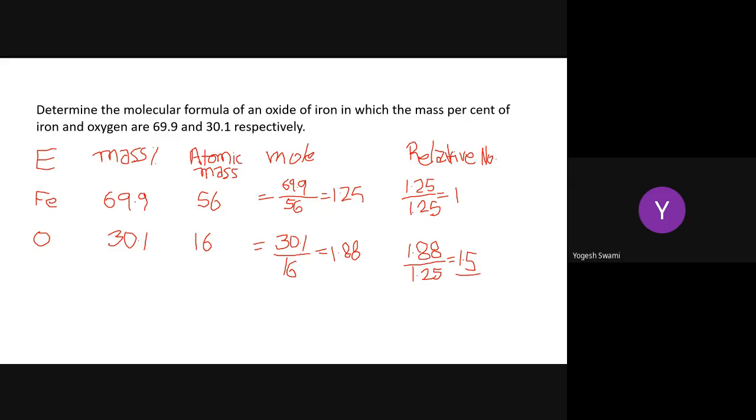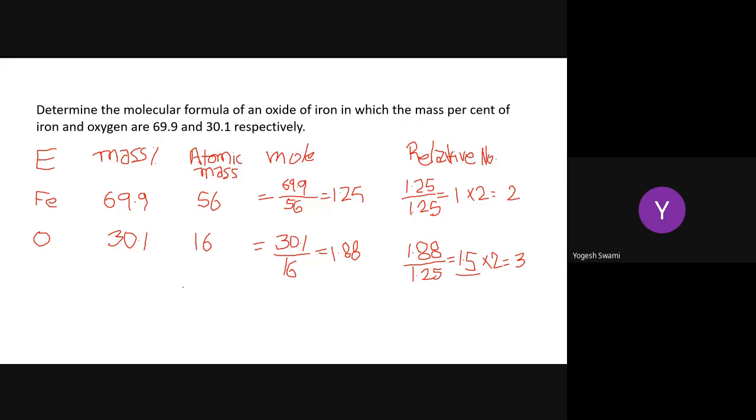So इसको होल नंबर में चेंज करने के लिए हमें क्या करना पड़ेगा? हम क्या करते हैं कि 1 को मल्टीप्लाई करते हैं 2 से और इन द सेम 1.5 को मल्टीप्लाई करते हैं 2 से. उससे क्या होगा? 1.5 हमारा होल नंबर में चेंज हो जाएगा, that is 3. We multiplied this by 2, so that's why we multiply the iron with 2 again to make the ratio constant. इसकी वैल्यू हमारे पास कितनी आ गई, 2.